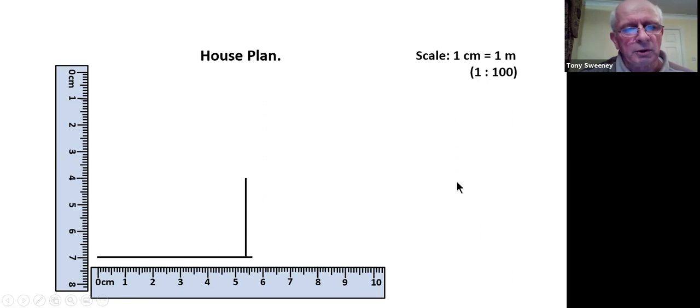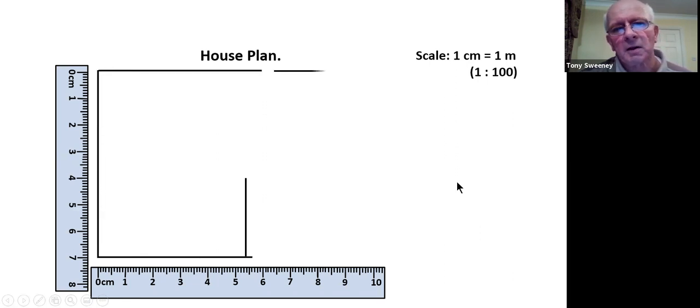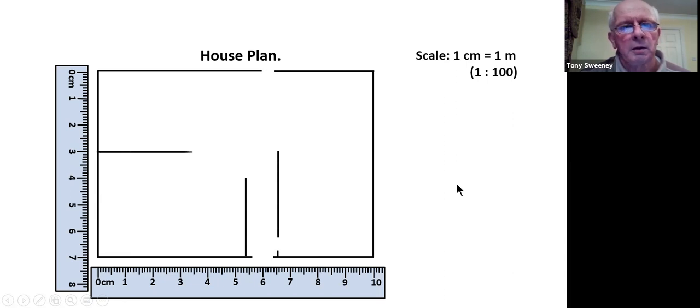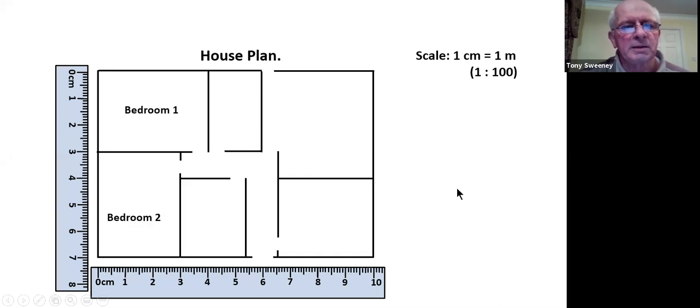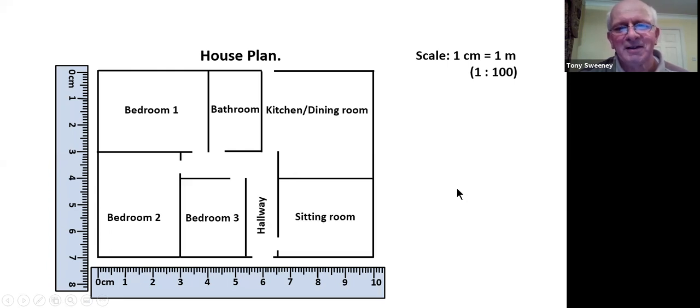So this is drawing the house. I'll do it very quickly. And this is a quick built house, I'd say. It's a bad joke, is it? Anyway, that's your house plan.